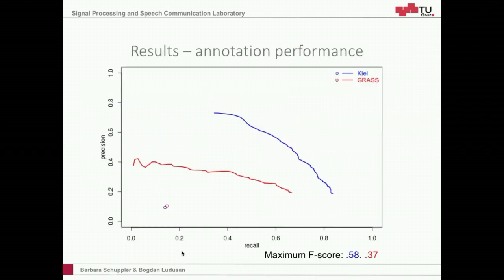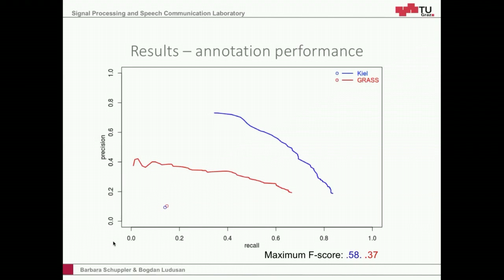So, to the results. Here we see the annotation performance of the detector. We see the precision recall curves in blue for the Kiel corpus and in red for the Graz corpus, and the two circles are the random baseline.